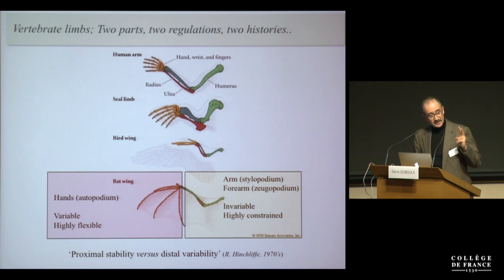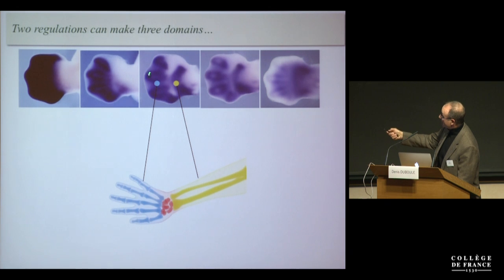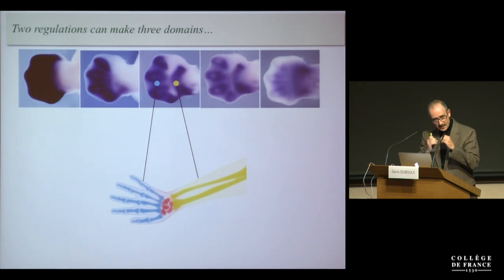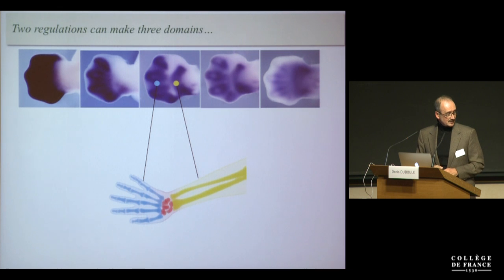Another advantage of having two regulations taking care of building the limb is that if you have two different domains, you can offset the two domains and make a zone of cells here which are negative for Hox genes. And these cells make the wrist and the ankle, they make the articulation.